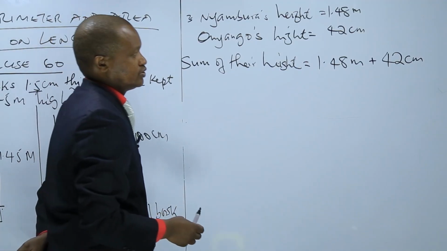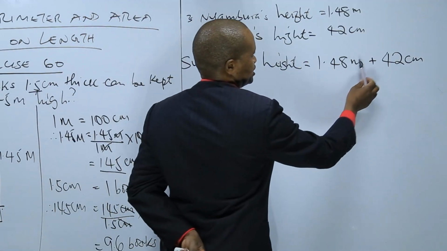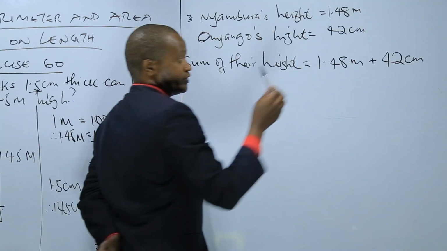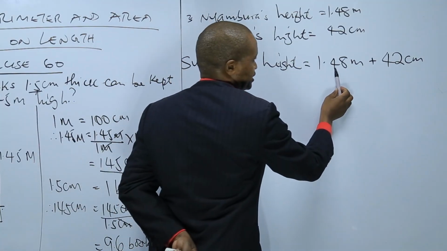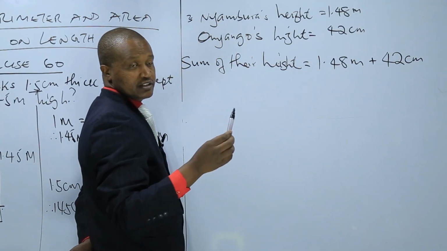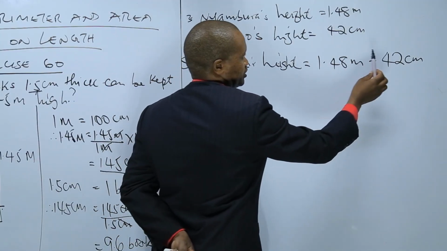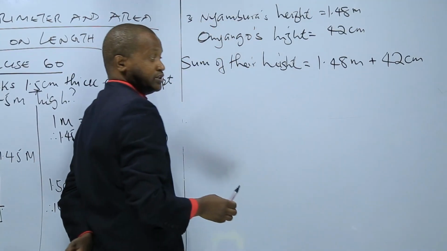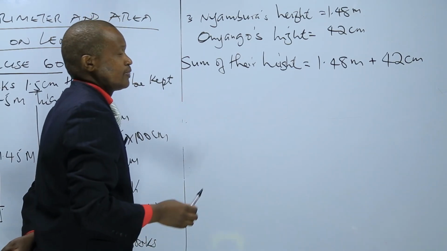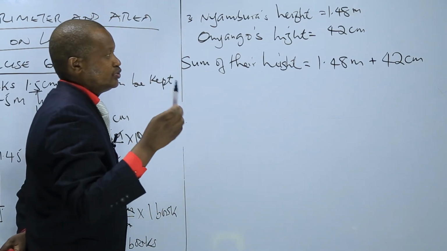So learners, we cannot add meters to centimeters. So we need to convert the meters into centimeters first, then we add what we have found to the 42 centimeters. In other words, we need to work with similar units.